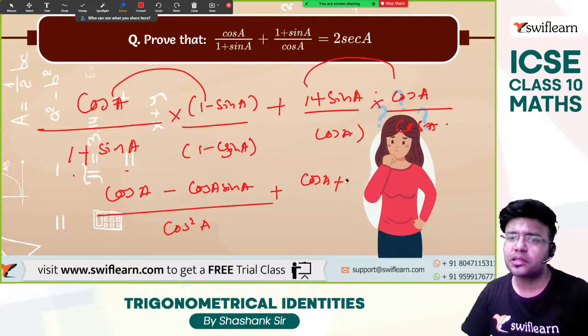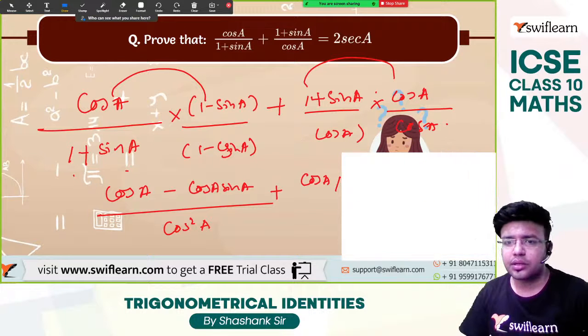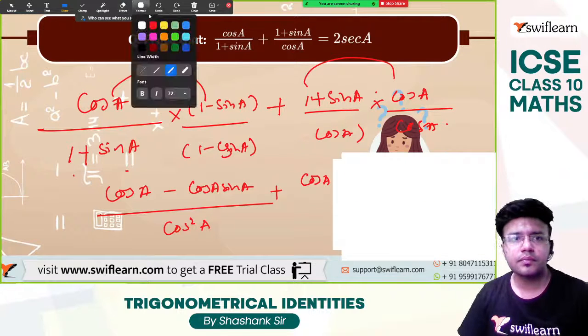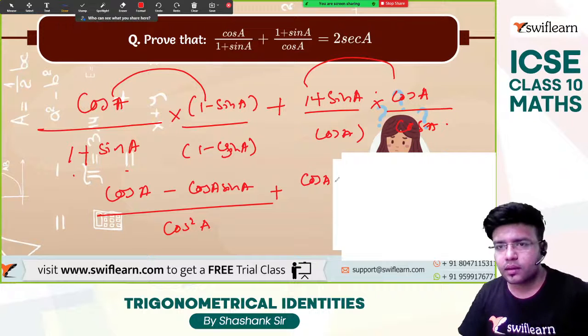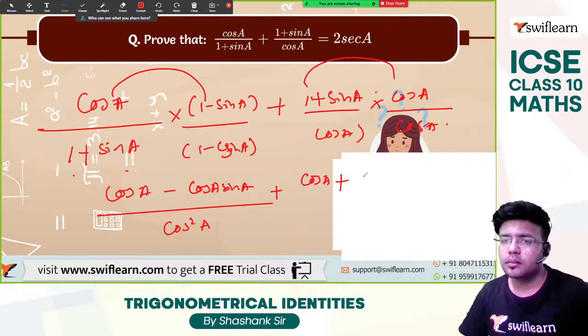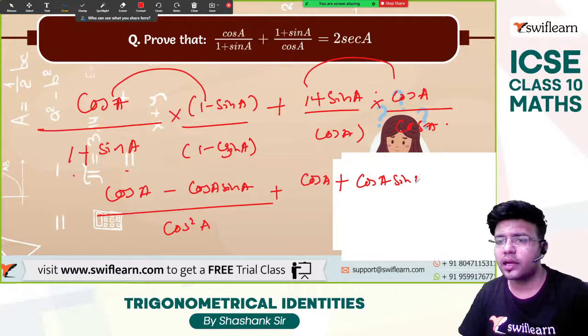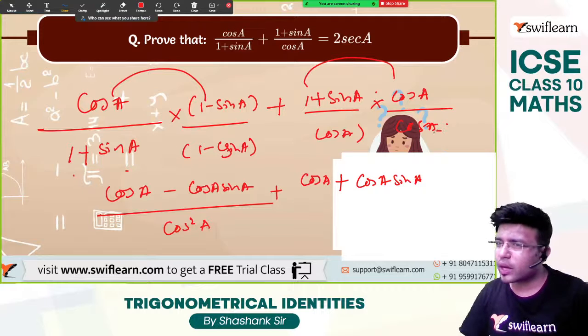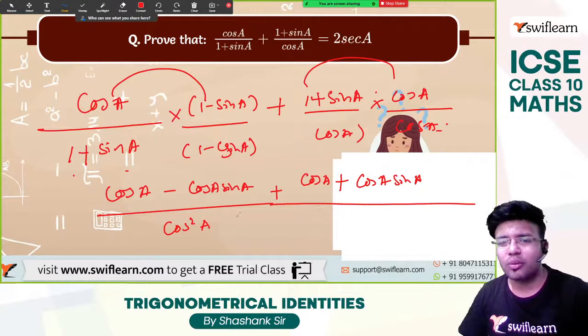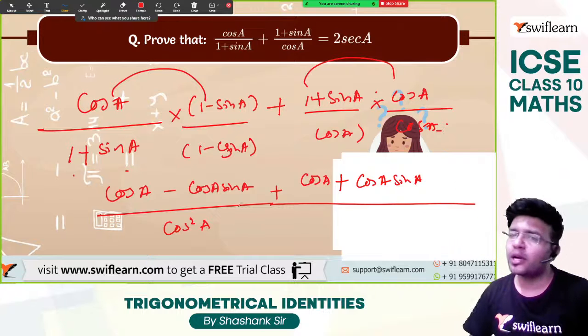A into B is B into A. Plus cos A sin A divided by cos square A. So both the denominators are same, so I have taken the common denominator.